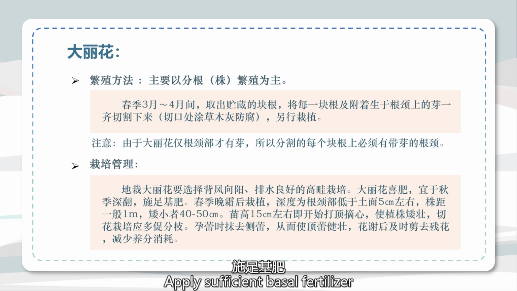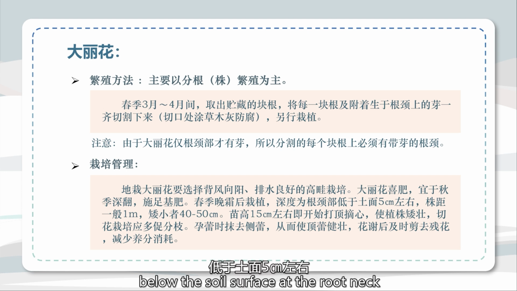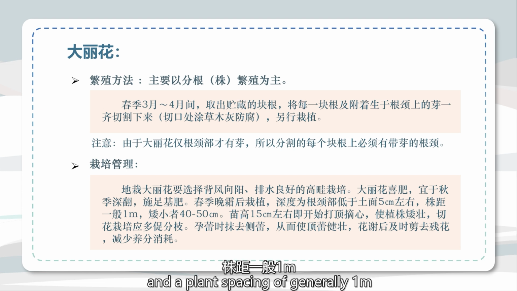Apply sufficient basal fertilizer, planting after the late frost in spring, with a depth of about 5 cm below the soil surface at the root neck, and the plant spacing generally 1 meter. For shorter plants, it is 40 to 50 centimeters.